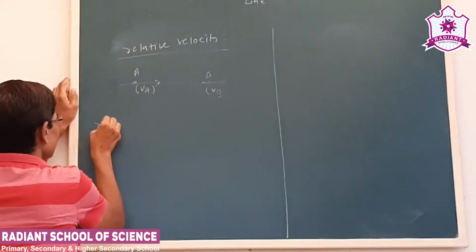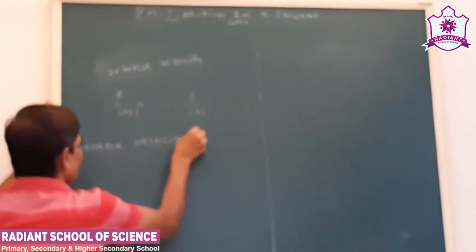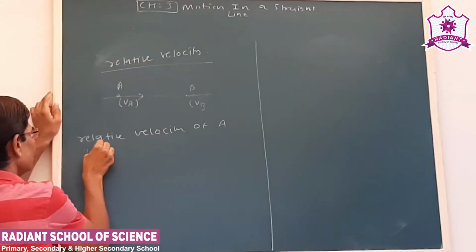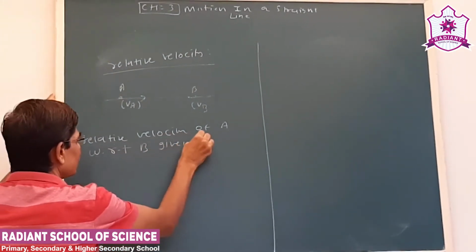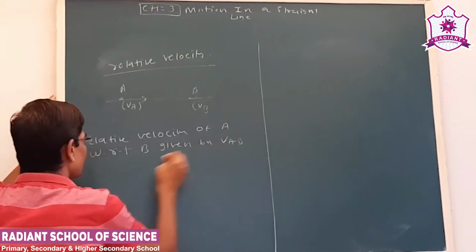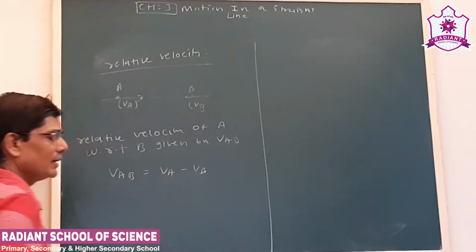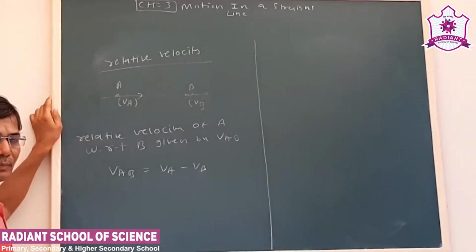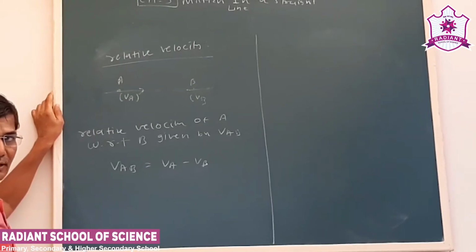The relative velocity of A with respect to B is denoted by VAB. Right now we talk only about the scalar part. We study the vector part in detail in the fourth lesson.